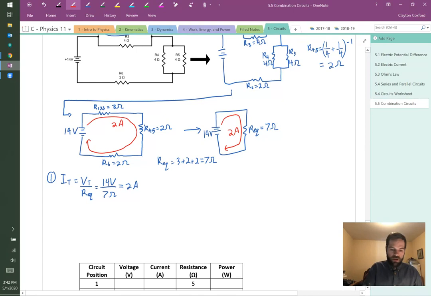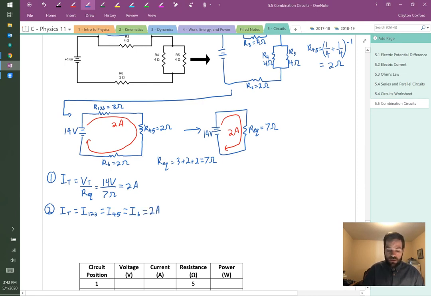Right? So this means that the total current is the same as the current through this equivalent resistance 1, 2, 3. It's the same as the current through this equivalent resistance 4, 5, and it's the same as the current through resistor 6. So now those are all 2 amps.